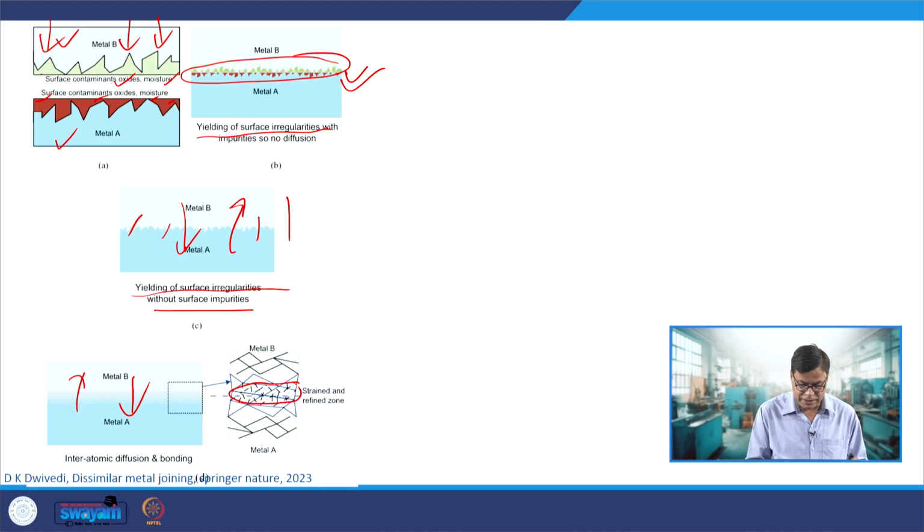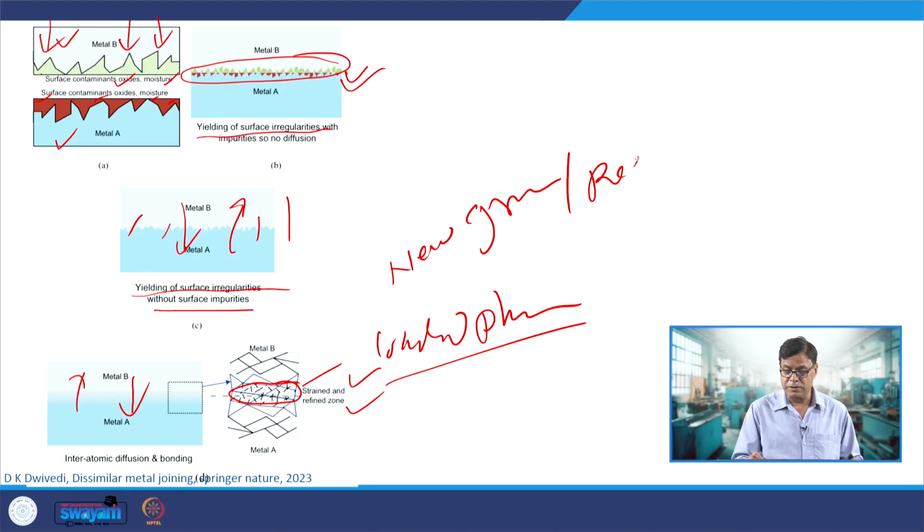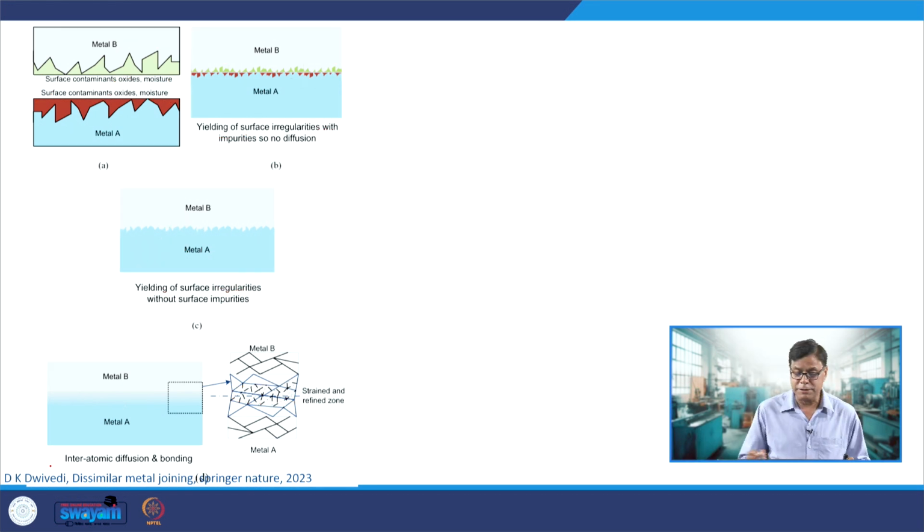Near the surface layers, due to localized plastic deformation, a strained and refined zone at the interface will be formed, and then there will be formation of new grains also because of recrystallization. So, we may not be able to distinguish where the interface is once the diffusion bond has been developed.